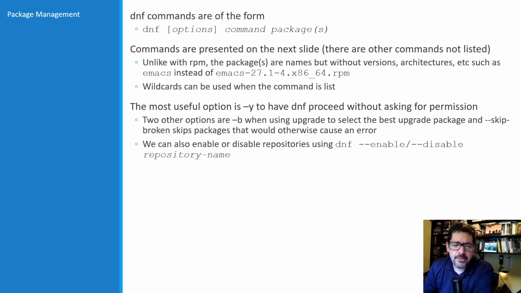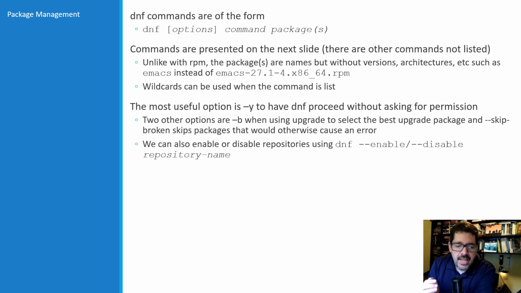So with DNF, you're basically going to run the command, pass a few options in, tell it whether you want to install, remove, or update the package, and then you just give it the name of the package. Now, unlike RPM, in RPM the package name usually included the architecture, right? So it had the OS and architecture right in the package name because it was very specific. You had to run the package for your specific architecture, right?